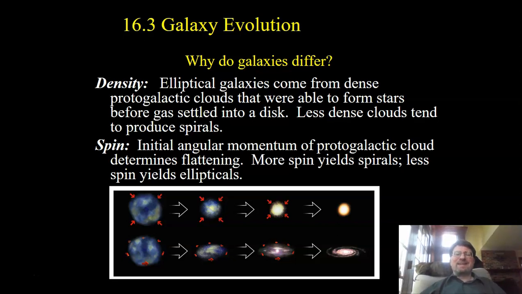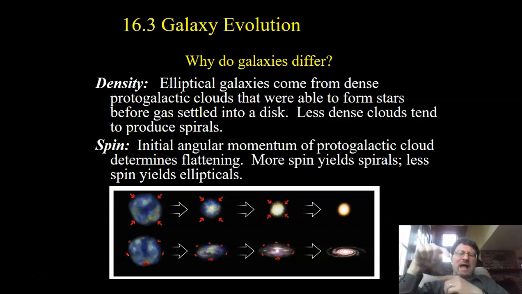The first one is the density from which the galaxy forms. You can think of a galaxy forming from a giant protogalactic cloud that collapses down to form the galaxies within it. And if you have a particularly dense cloud, then it'll form stars quickly before the galaxy really has time to settle and flatten down into a disk. And so more dense clouds are more likely to make elliptical type galaxies.